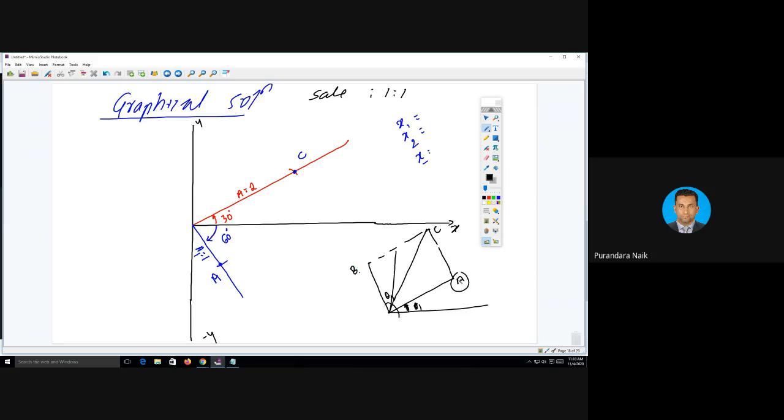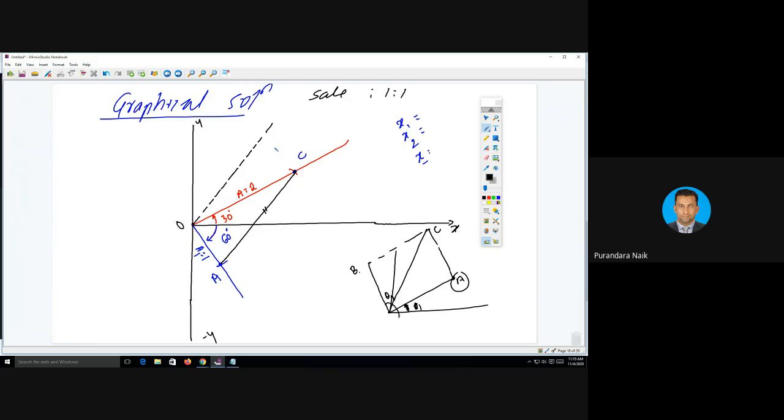If you know the value of point A and C, you can join point A to C, right? I'll join point A to C. If I want to find out the point B, I have to draw a parallel line to this line from point O. Correct?